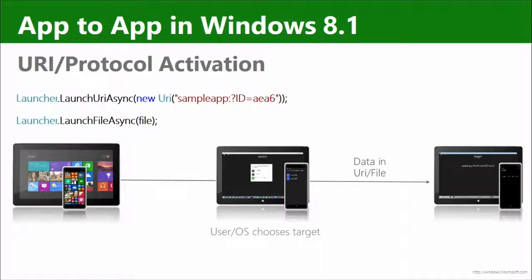On the graphic we had before, the key thing is the middle bit, it says the user/OS chooses target. Right. So it was meant to be decoupled. So the client app on the left there just makes a call, LaunchUriAsync, and it's throwing out a URI with some data in it. And then the idea is that the user has installed their favorite sample app processing app, and they can then choose to invoke that app in the chooser dialog that comes up.